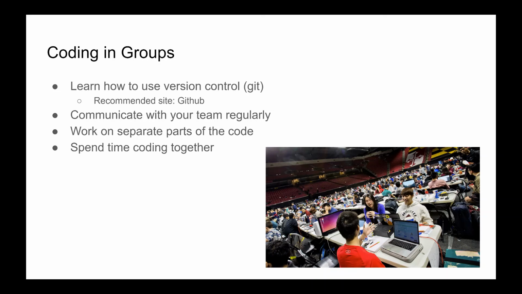It'll help you track who's working on what feature, who added what changes to the code, and also if someone's added a change, how do I update my code that's on my computer? Git is a really helpful tool to do that.